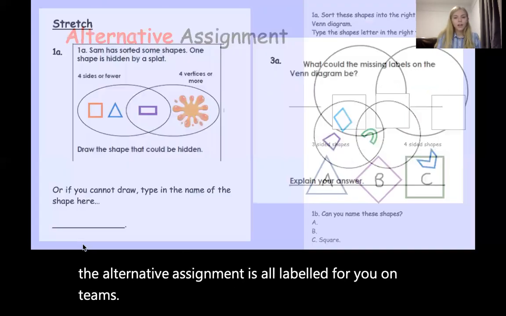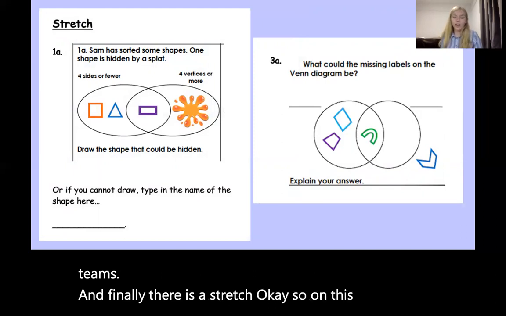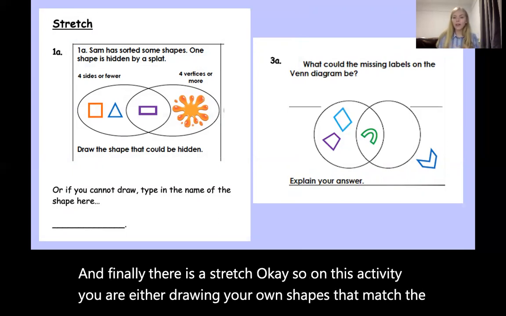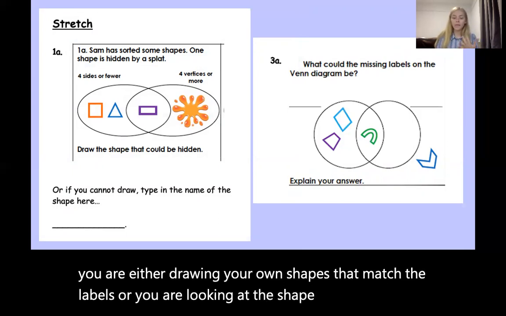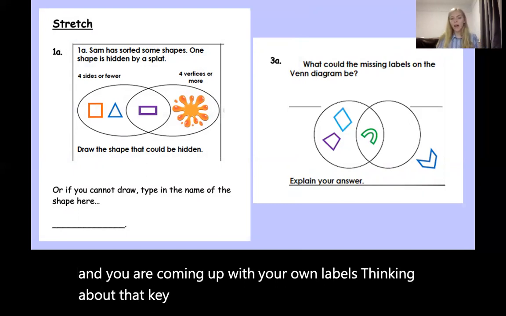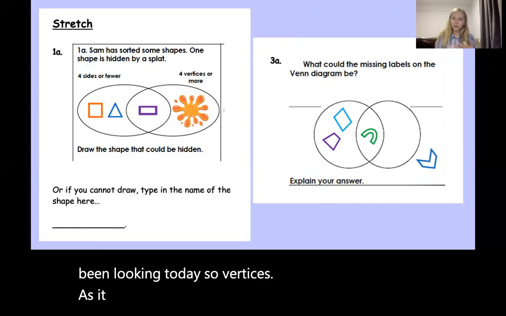Okay. And finally, there is a stretch. On this activity, you are either drawing your own shapes that match the labels, or you are looking at the shapes that are there and coming up with your own labels, thinking about the key terminology, those key words we have been looking at today, so vertices. Has it got curved sides or straight sides?